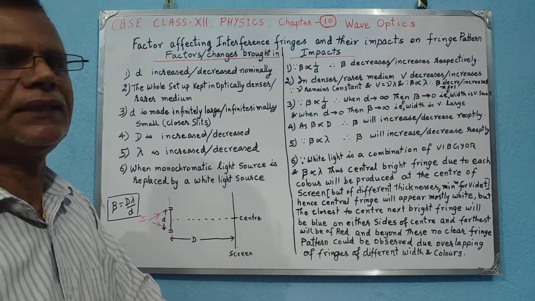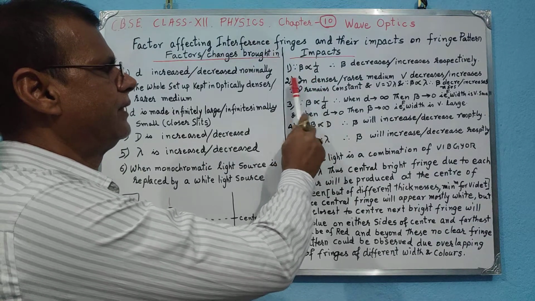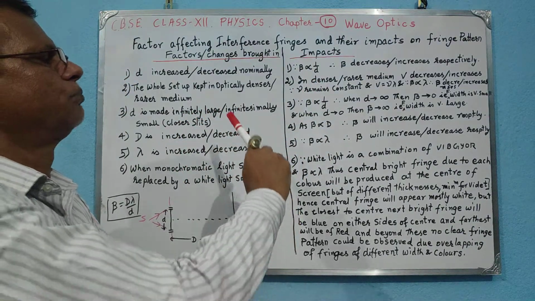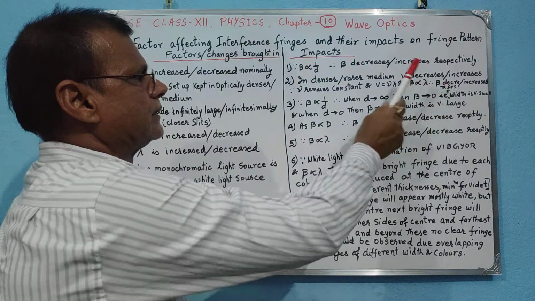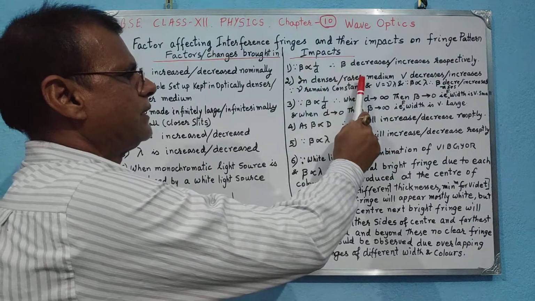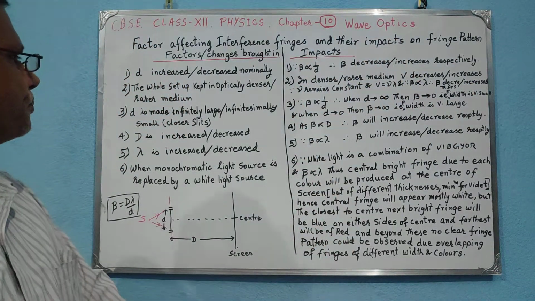So we can say if the whole setup is placed in a denser medium, the fringe width decreases. If the whole setup is placed in a rarer medium, the fringe width increases.